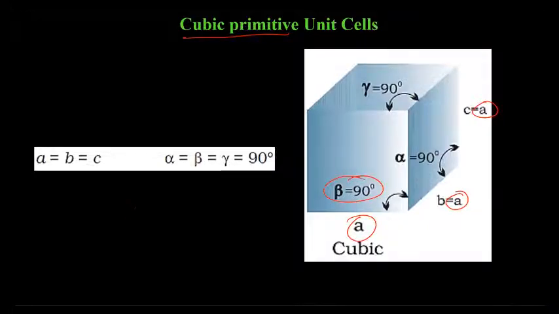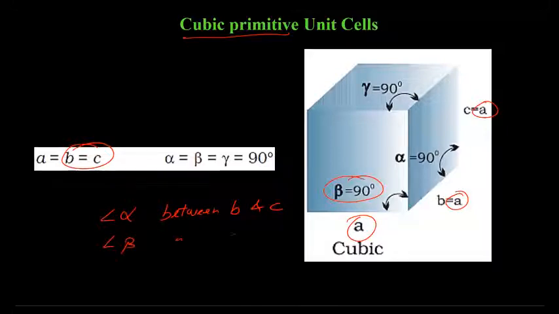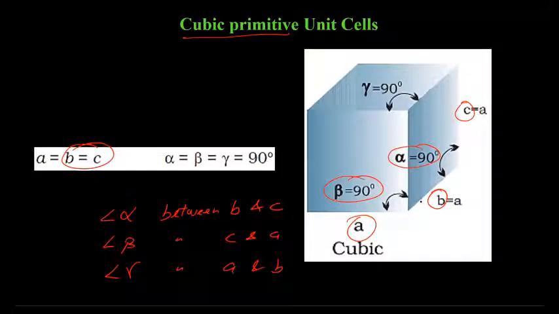And you know the angle alpha is actually between A, B and C. Angle alpha is between B and C. Angle beta is between A and C, or C and A. Angle gamma is between A and B. So angle alpha is between B and C. Remember, opposite.